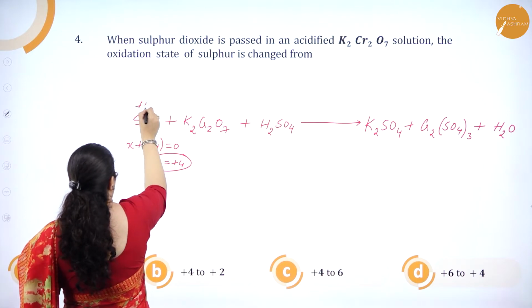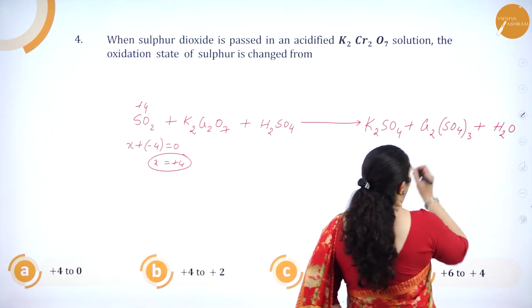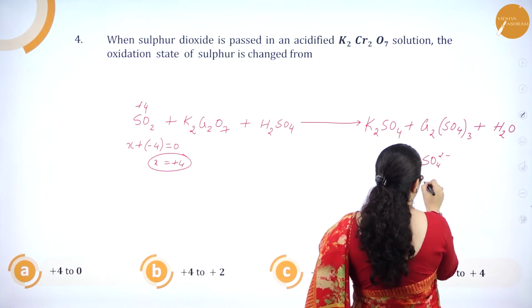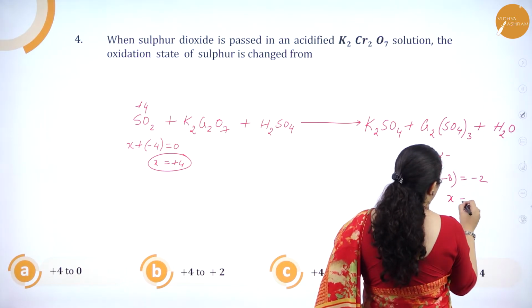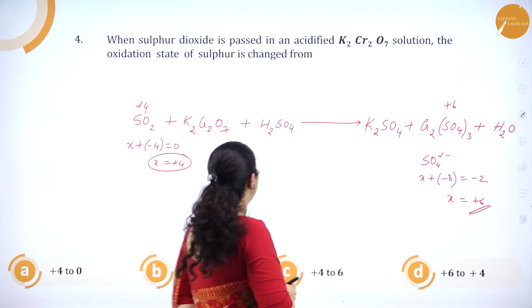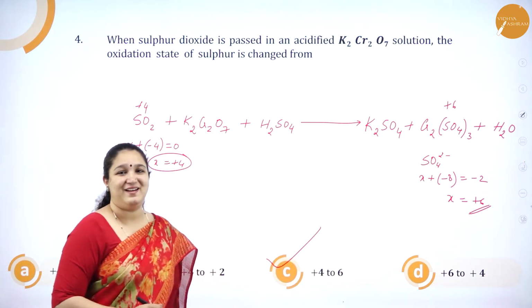So sulfur here is in plus 4 state. Here, if I calculate the oxidation state of sulfur, it is in SO4 2 minus state. So x plus minus 8 is equal to minus 2, x is equal to plus 6. So this is in plus 6 state. So it is changing from plus 4 to plus 6. So option C is the right answer.